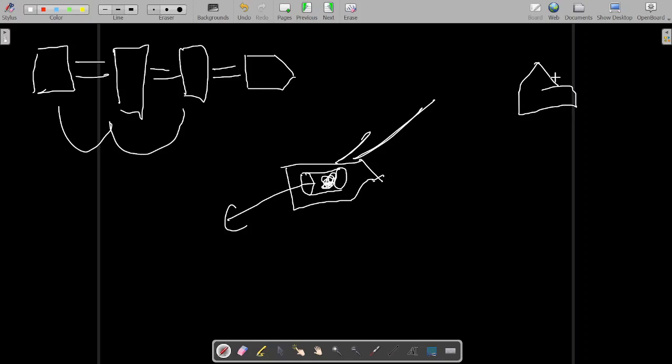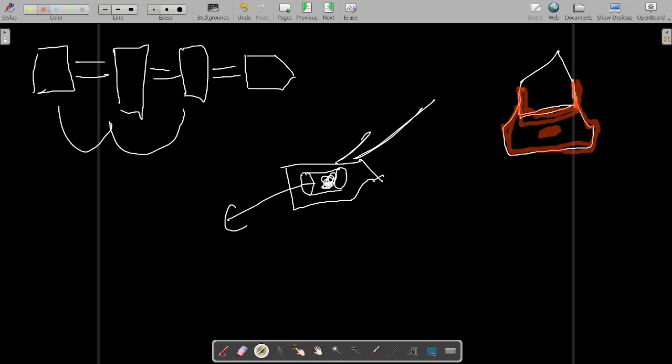The rear part of this rocket, this particular part, is inside the nozzle of this particular part.